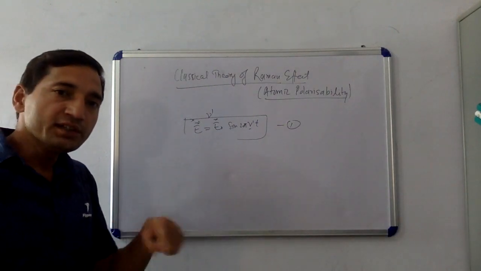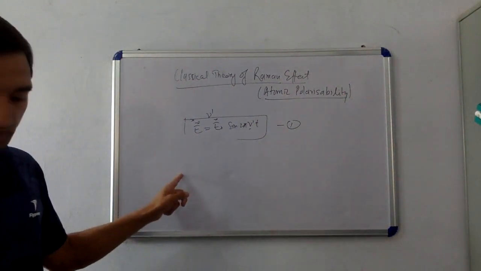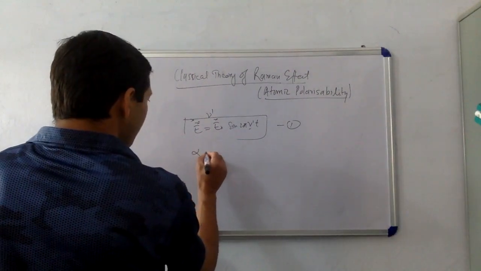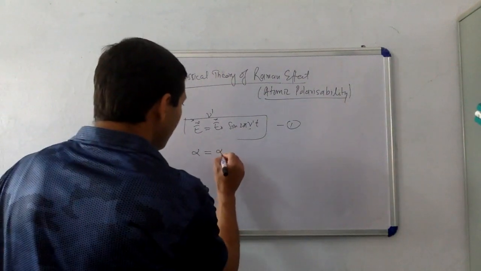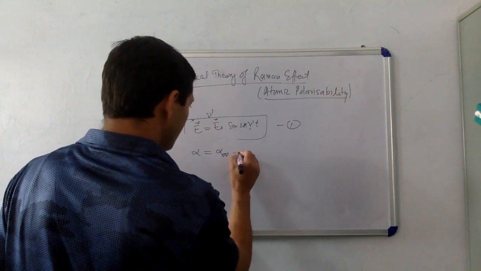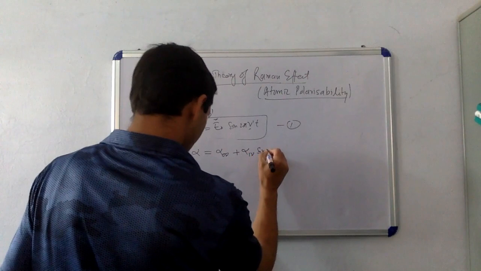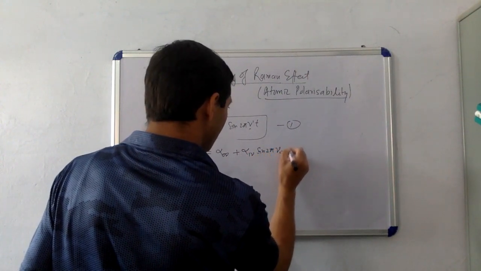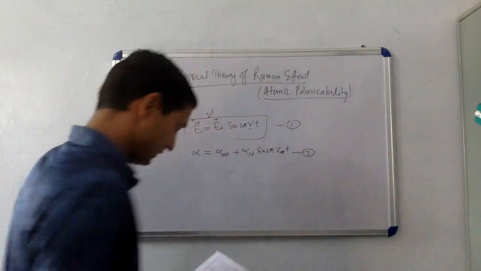Corresponding to their vibrations and rotations, the polarizability also changes. So it means that alpha, the polarizability, is the sum of the constant part and an oscillating part, alpha 1 of nu sine 2 pi nu oscillating t. Equation number 3.